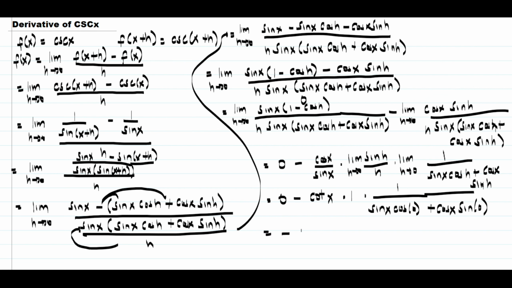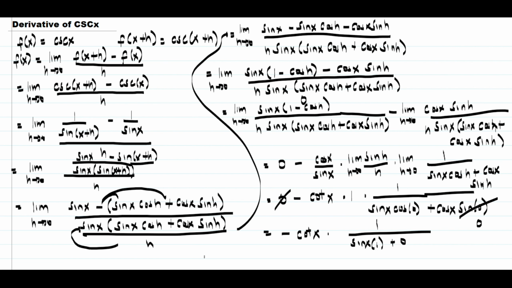So this will give us negative. We are going to disregard this one. Cotangent x times 1 over sine x times cosine 0, that is 1, and then we have sine 0, that is 0, times cosine x, that is 0.